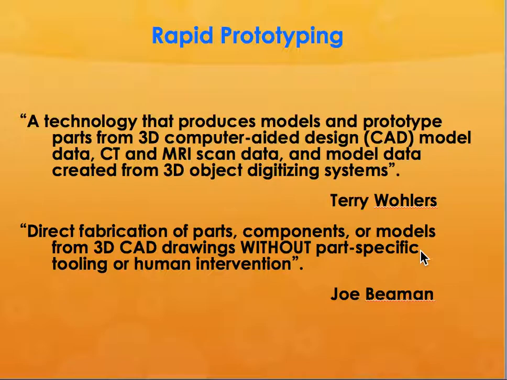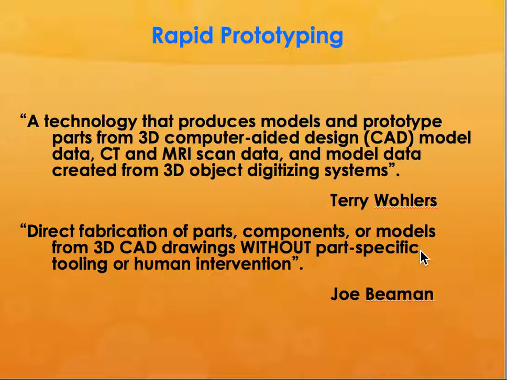You create a 3D CAD model and you have a fixtureless platform and a deposition head or a manufacturing head produces a part from the CAD model without any intervening mold or fixturing.